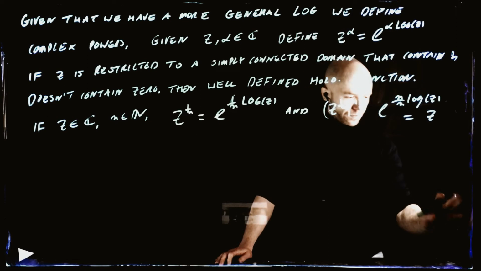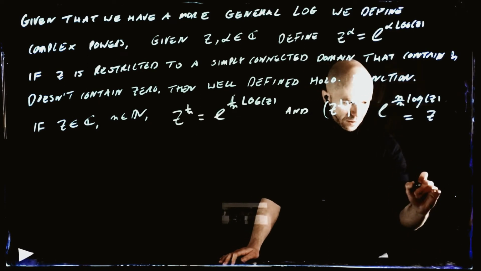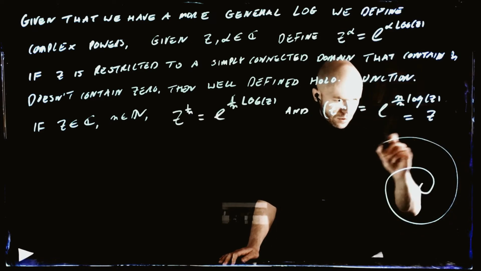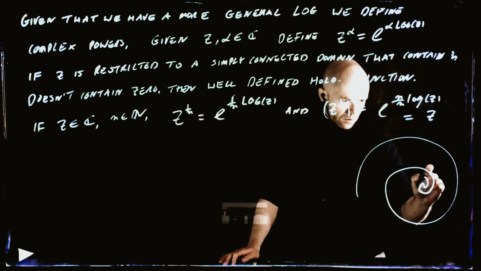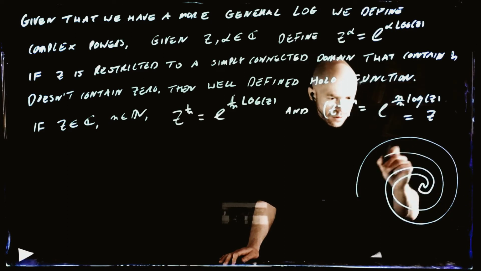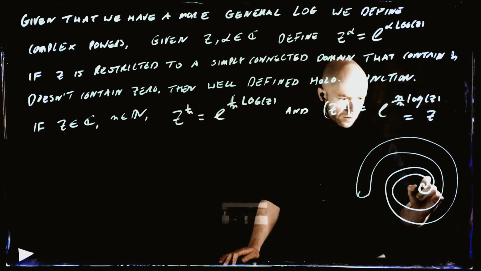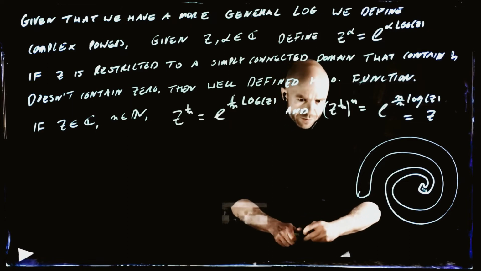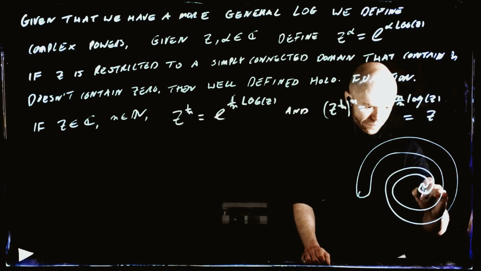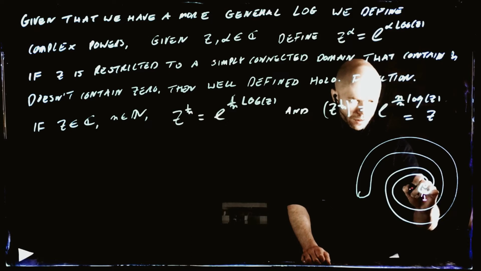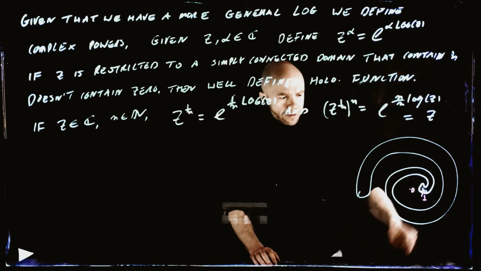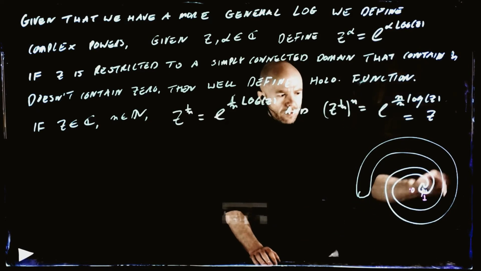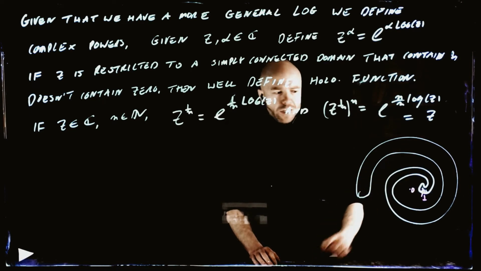Cool. So if we have our example we had before, the curly snake thing, right? So this is 1, this is 1, and this is 0. All right, so tell me about what the nth root of z will be on this thing.